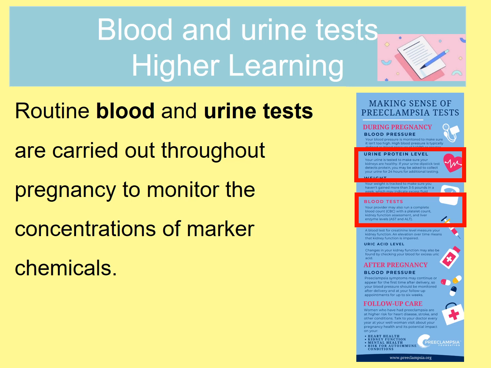Normally, other routine tests are also carried out to check the health of the pregnant woman and the developing fetus, by monitoring renal behaviour, liver and thyroid functions, and other biochemical changes. Some of these tests can be used to detect situations such as pre-eclampsia early on in the pregnancy.